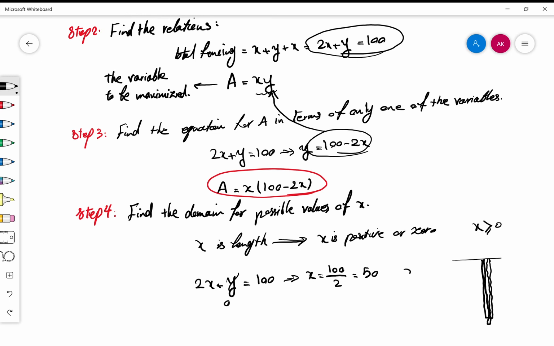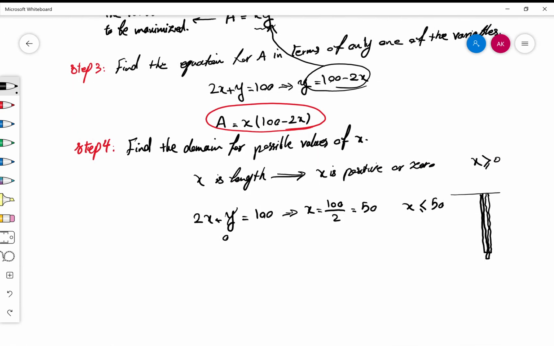So x is going to be less than or equal to 50 meters. That means that we have the function and the domain: values of x coming from the interval 0 to 50.